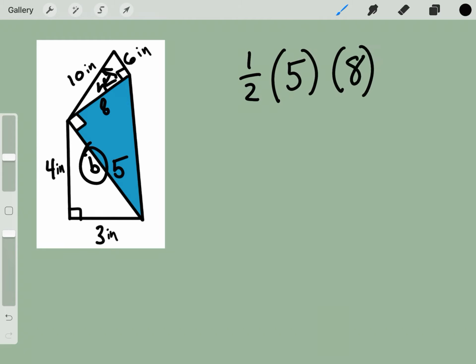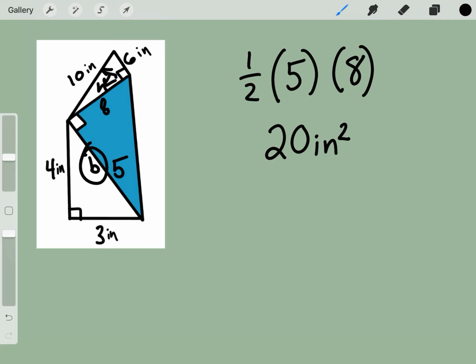What is the area of the blue triangle? Good. The area is going to be 20, and then let's check for units. I see that it is inches, so 20 inches squared.